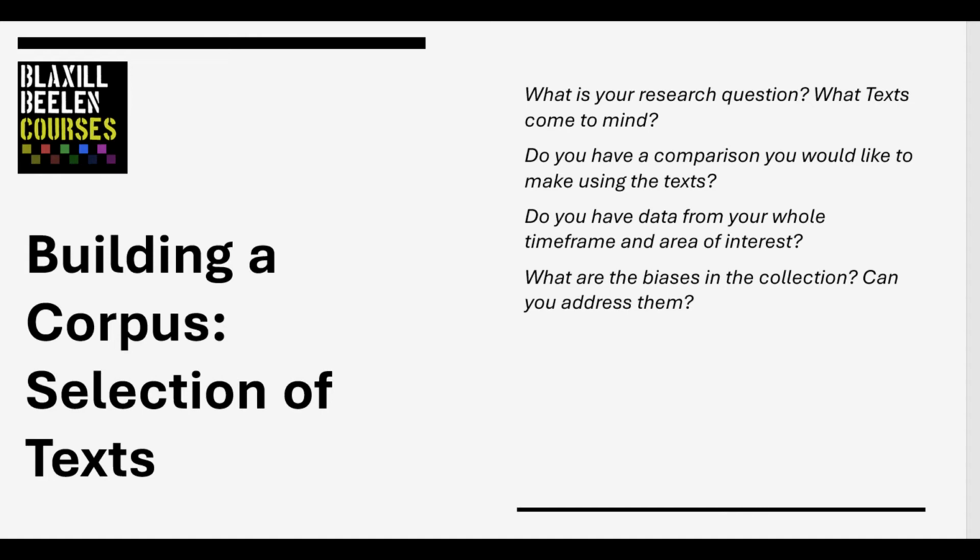Note that, of course, a lot of this will simply be about the availability of texts, but it might be the case that the availability of text is contingent upon what the archive actually holds and what you can get hold of in digital form, which we'll have a look at when we talk about collecting the text in just a moment. But it also simply might be that your historical area of interest, you don't find as many texts for one period of time, or one group, or one geography as you would another.